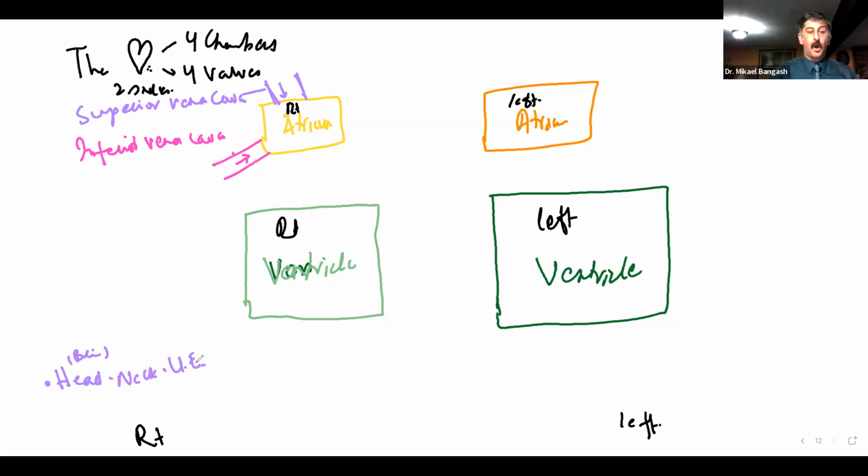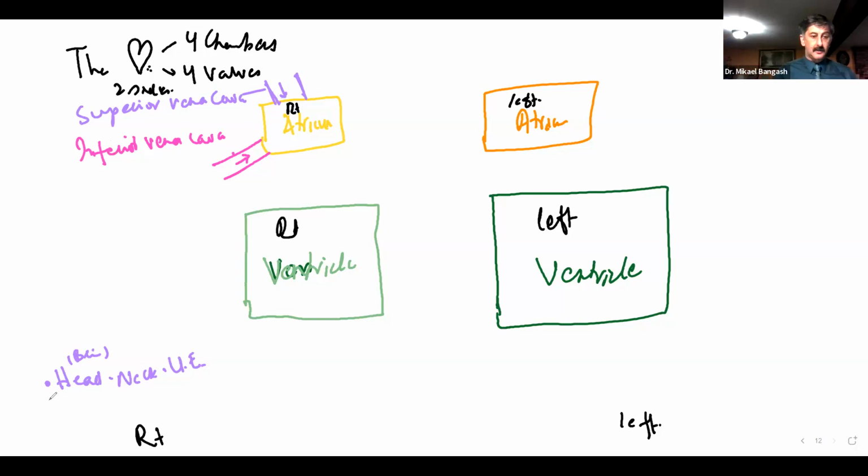All that blood that returns back to the heart from these structures will empty into the right atrium through the superior vena cava. Did you guys get that? Yes.